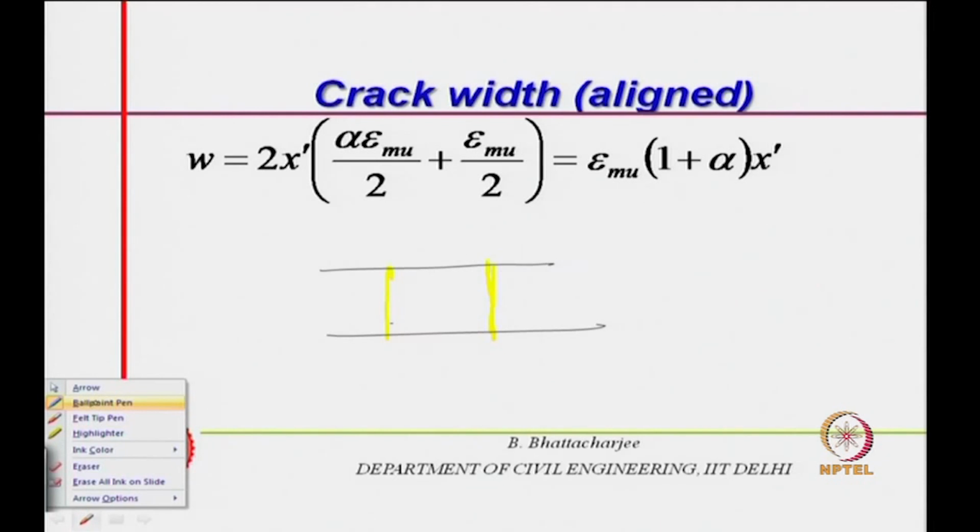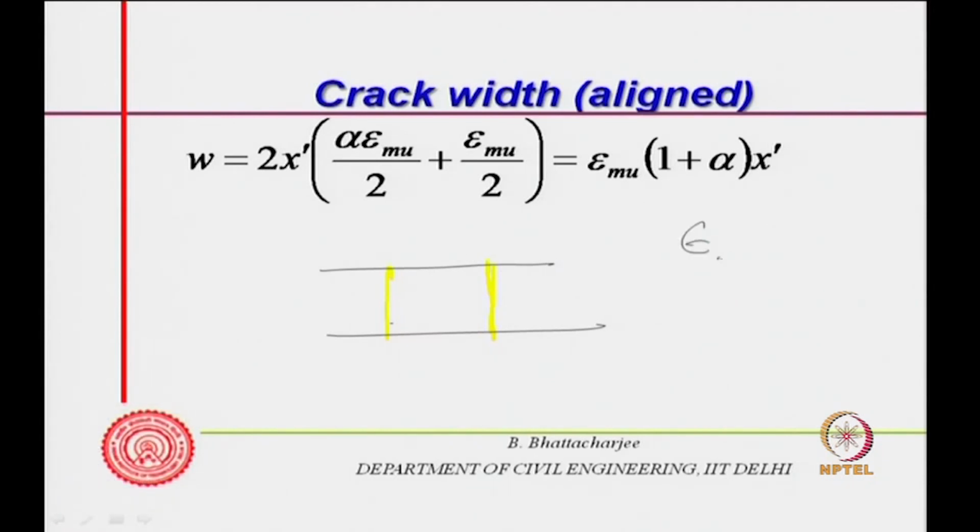The matrix was earlier at epsilon mu strain. Now only part of it is at epsilon mu, that is this point, and at the rest of the place it is less than epsilon mu. So, actually the matrix would have shortened a little bit, and the stress from the matrix went into the fiber, and therefore, the fiber strain is higher. That is what we have seen in the last lecture. Fiber strain increased.